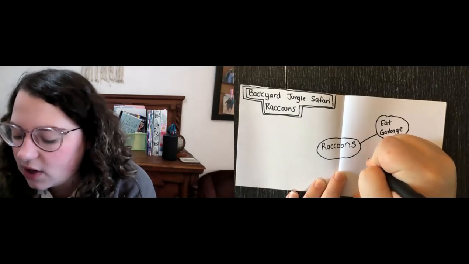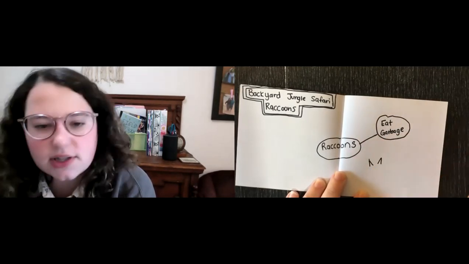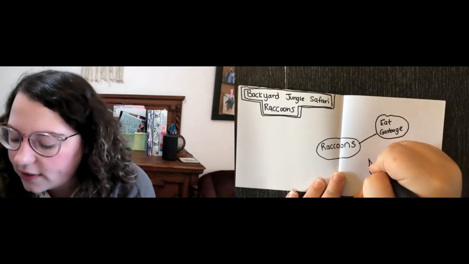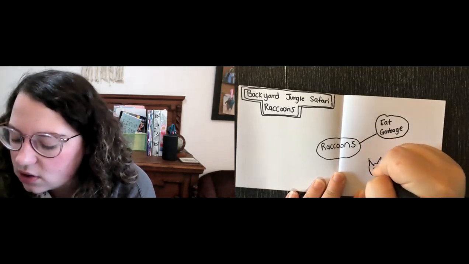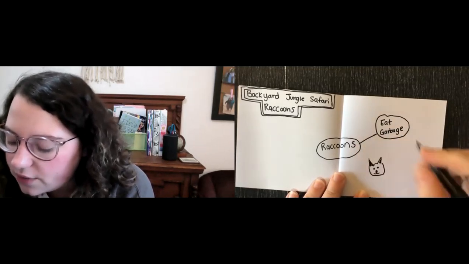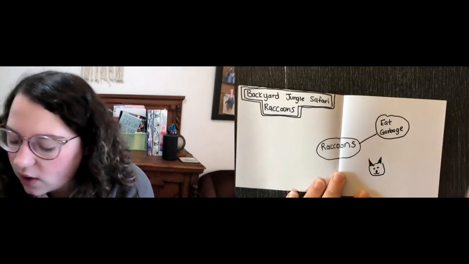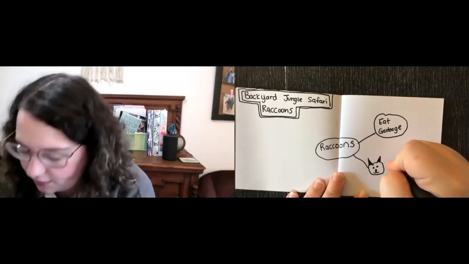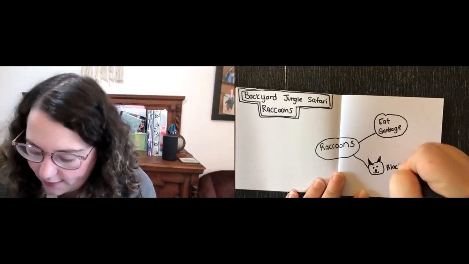So I know that they have some ears like this. They've got kind of like this. And they're black and white like that. So I'm just going to draw a quick picture of a raccoon here as another one, and I'm going to put that they're black and white.